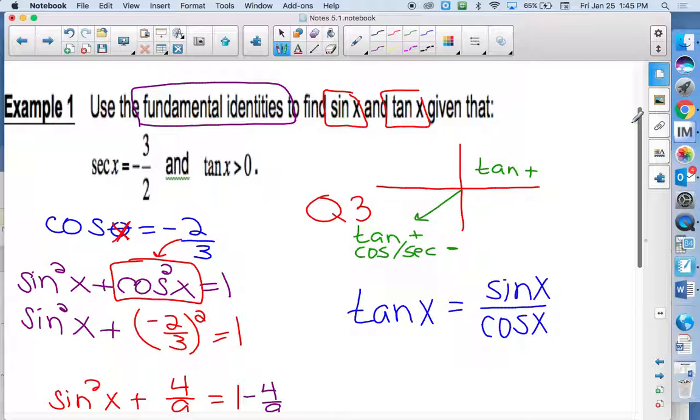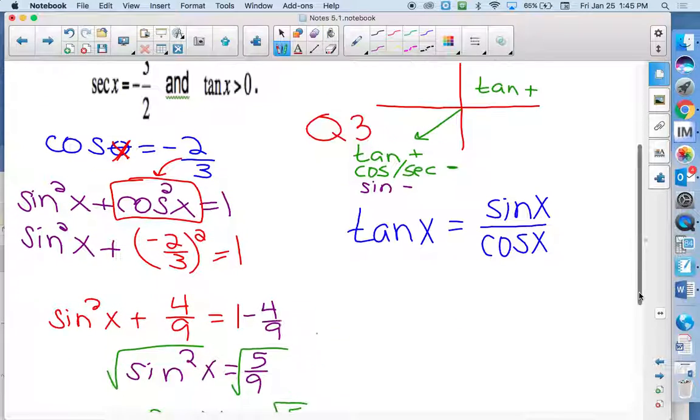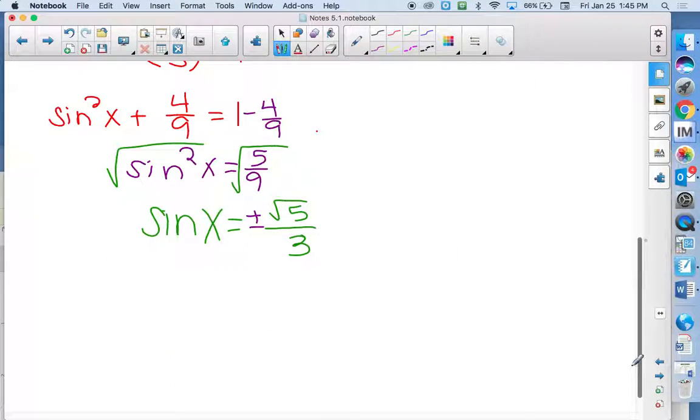And you have to choose between the plus or the minus, and it's a minus because sine is negative in the third quadrant, as well as cosine being negative in the third quadrant. So between the plus or the minus, we actually need the minus part because it's a quadrant 3 angle.